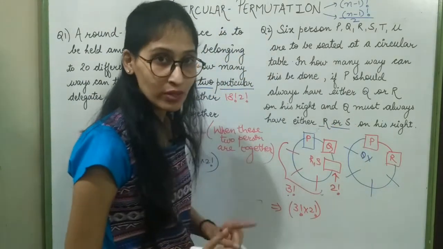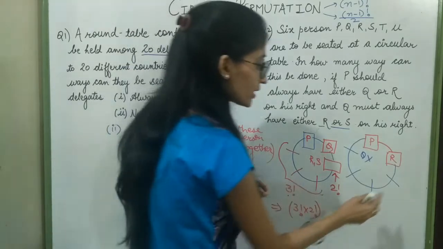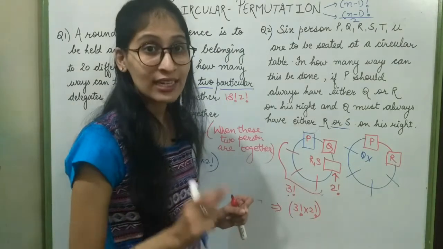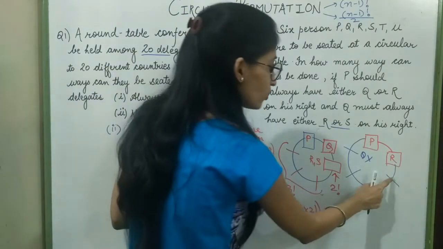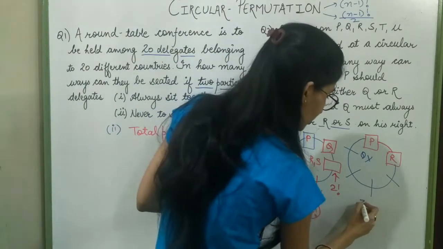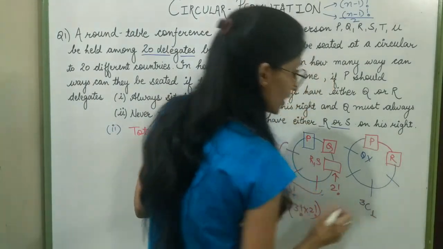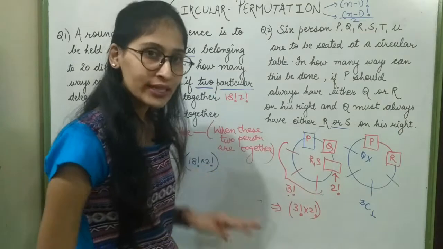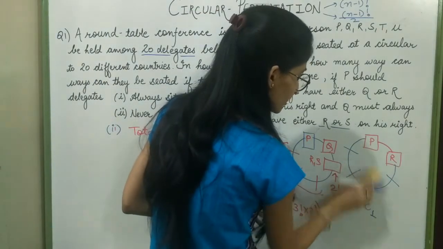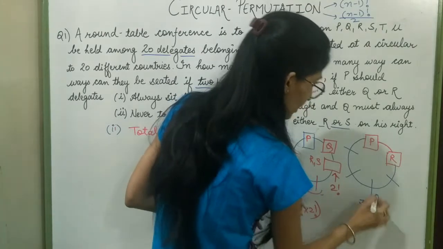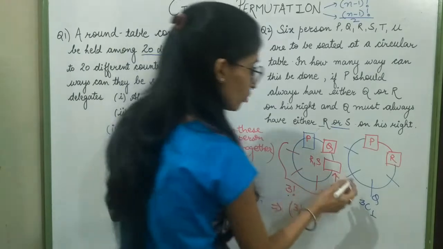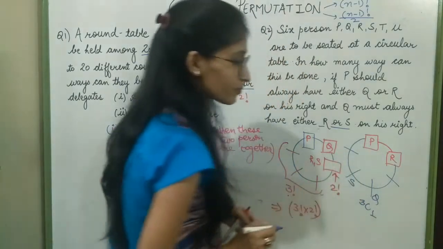So total possible seats for Q is 1, 2 and 3. You have to select one seat out of these three. So it will be 3C1. Now whatever place Q selects, suppose Q selects this position, then on the position on the right of Q, S will be seated.